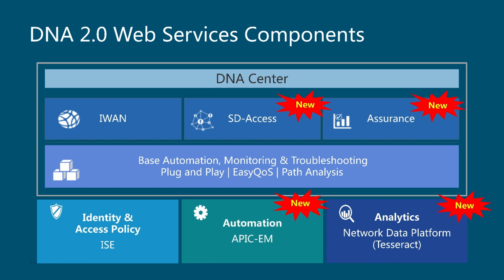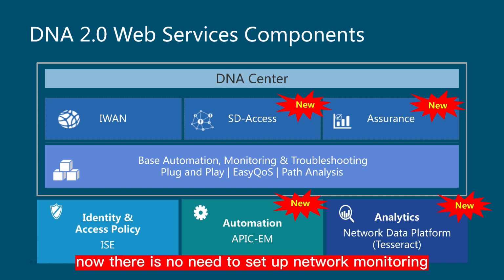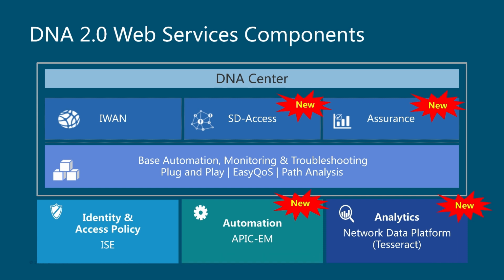Look down. Monitoring and troubleshooting. Monitor the health status of some devices in the current network. For example, device CPU usage, fan operation, etc. Give appropriate diagnostic opinion. That is, now there is no need to set up network monitoring for that fee-based service.